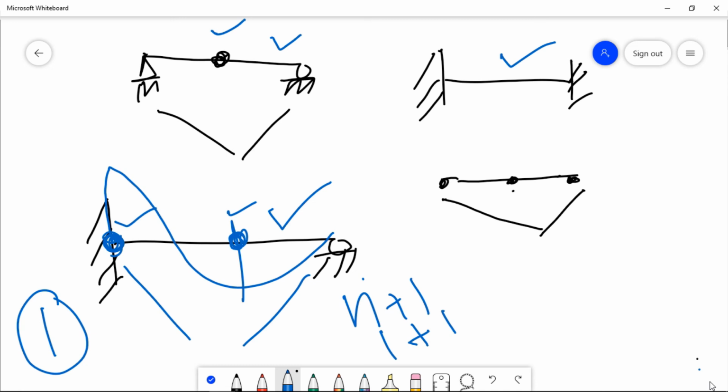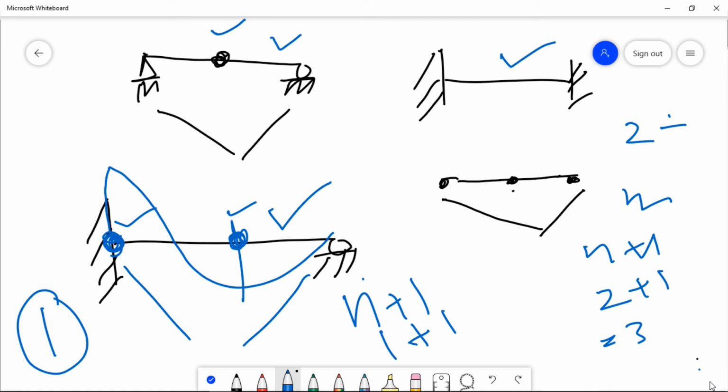In the fixed ended beam, the degree of indeterminacy is 2. The formula is n plus 1, so the degree of indeterminacy is 2 plus 1. So a total of 3 hinges are needed for the failure. The proper term used is failure mechanism.